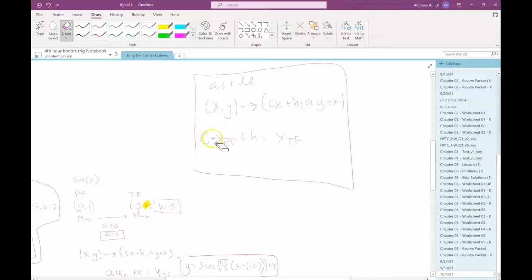That's how we transform our points. Or if I wanted, I could say a times y from the parent function plus k should give me the y from the transformed function. Because that's how we make those transformed points. We do that equation on the parent function point. Does that make sense? It's like an equation we already know, but we can write that out explicitly. That's probably helpful to see.